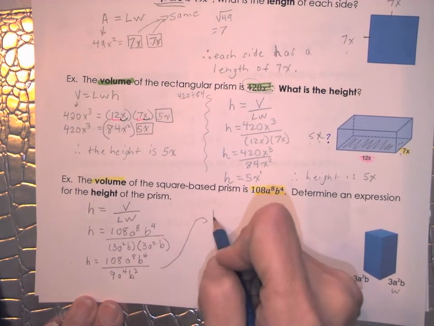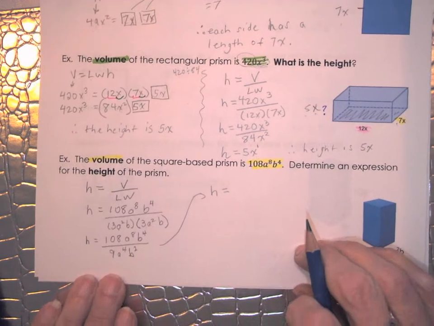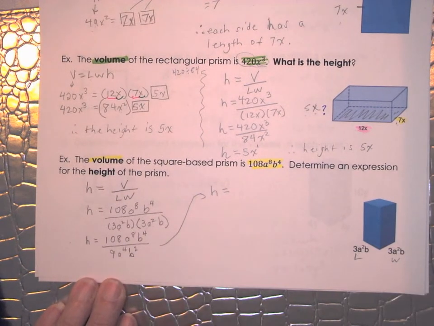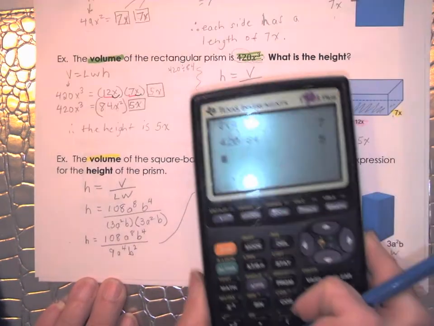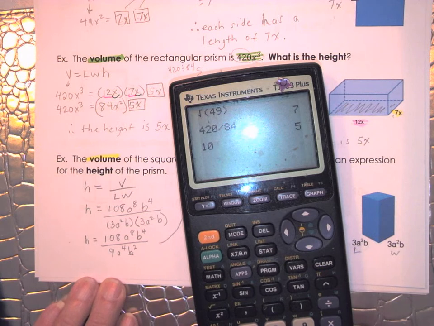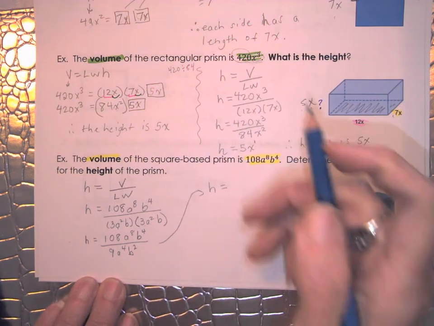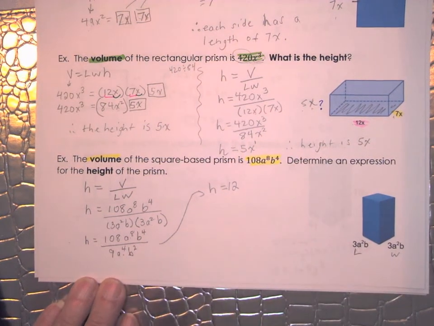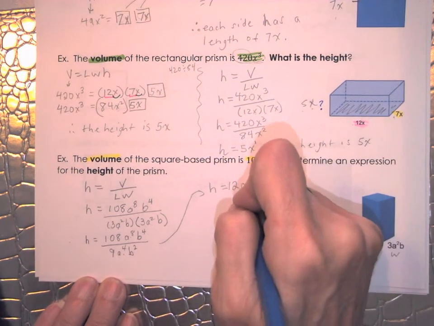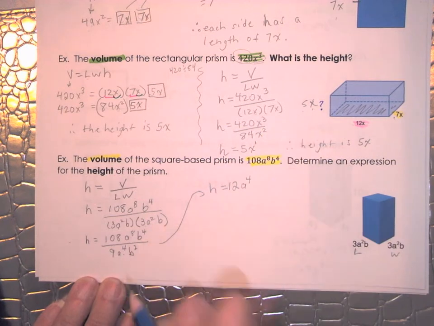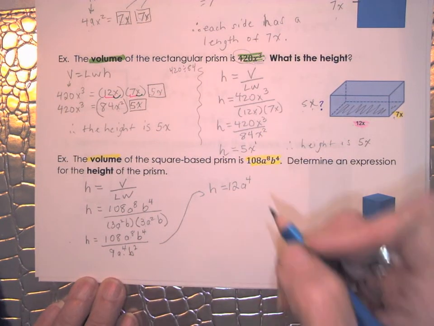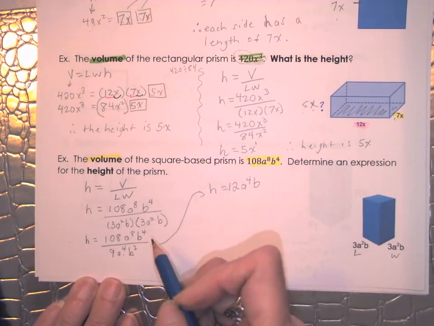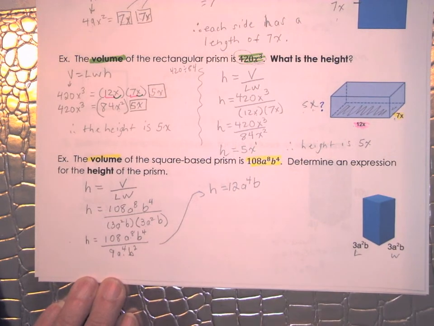And now I use my exponent rules to divide. So 108 divided by 9. Do that on your calculator. 108 divided by 9 is 12. So there's the coefficient of the height. A to the 8th divided by a to the 4th is a to the 4 because you subtract the exponents and keep the base. And b to the 4th divided by b squared is b to the power of 2.